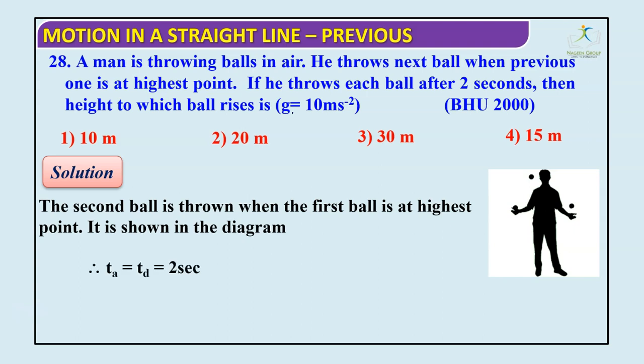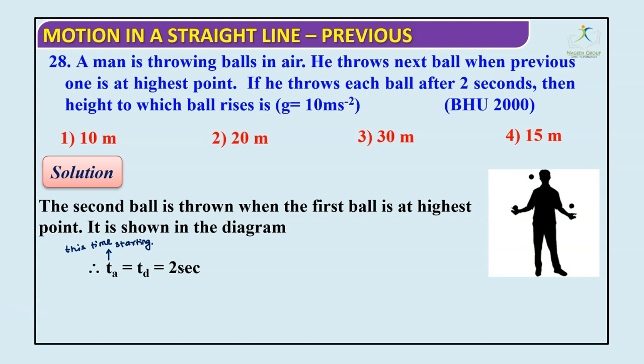So we can say Ta is equal to Td is equal to 2 seconds. This is point A. This point is at the highest position, and the starting position we are calling a. This is the starting position.